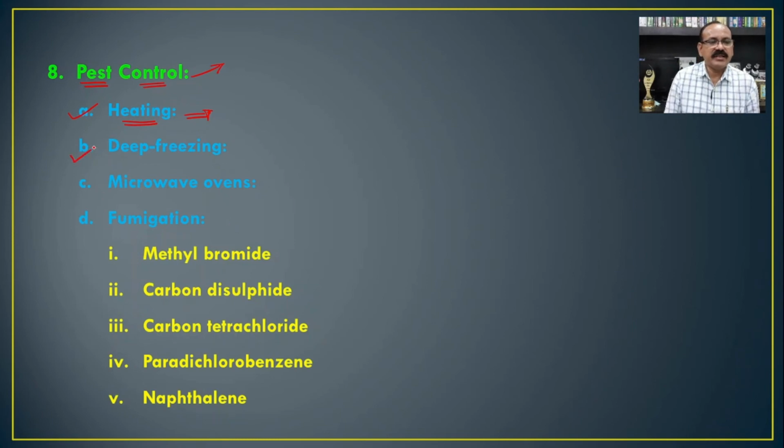Then there is the utilization of deep freezing so that the different insects available will be killed. Then even microwave ovens are also used to kill the different eggs or insects.